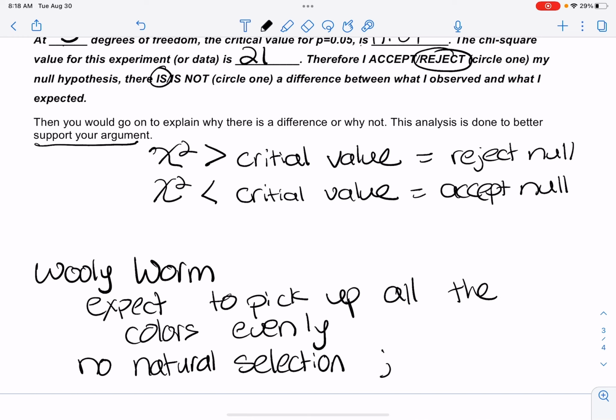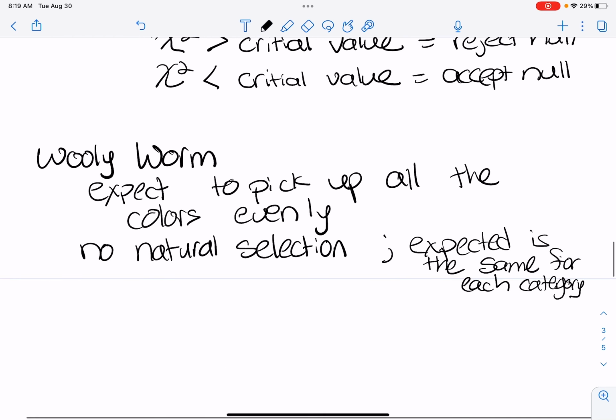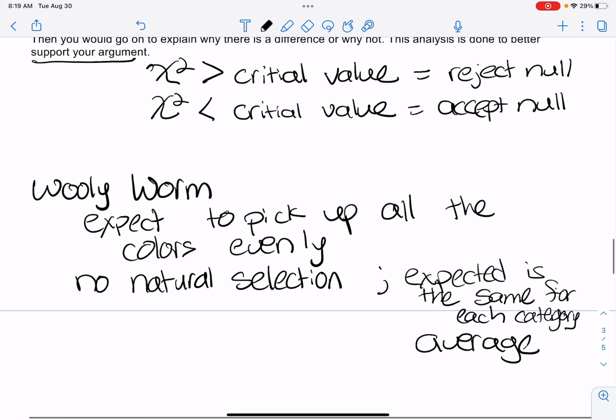So expected numbers are really just the same for every single category. And it's really just the average, because you'd expect to pick them up all evenly. Okay, so then you can go ahead and calculate a woolly worm number and then use that to help support your evidence of, is there natural selection occurring or not as we were predators.